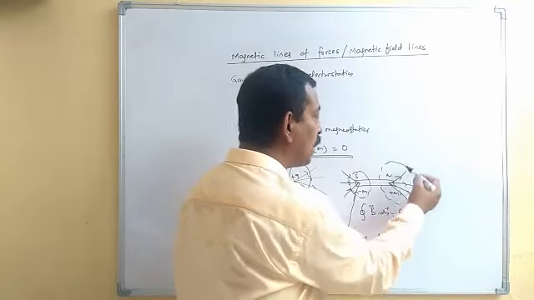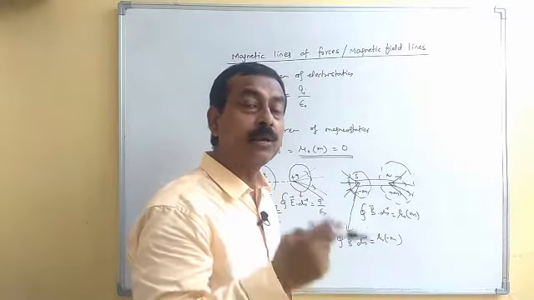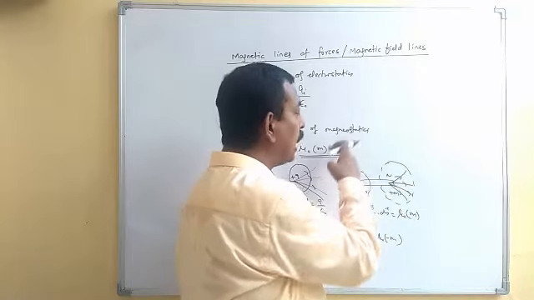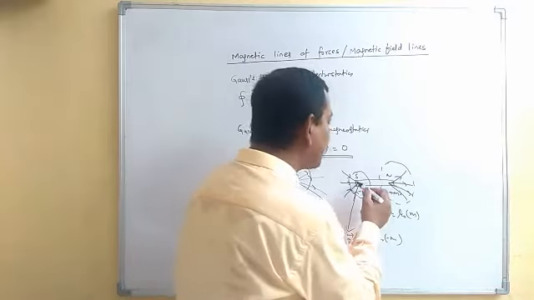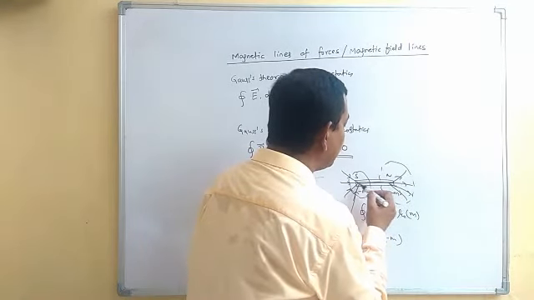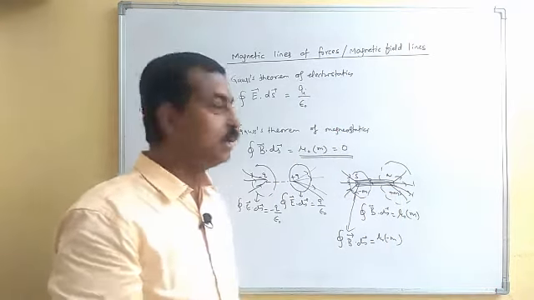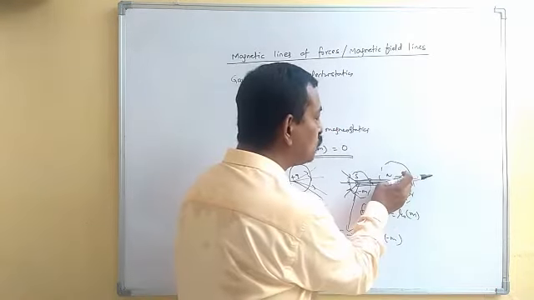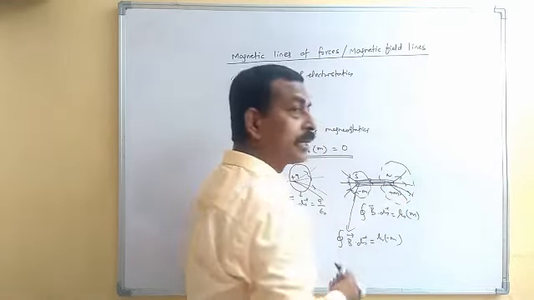Here you see you have the lines of forces originating from North Pole, but they are coming out of the North Pole and terminating on South Pole outside the magnet. Inside the magnet also we have the lines of forces there, moving from south to north. So if I take here, suppose the lines of forces are originating from north, they are also reaching there.